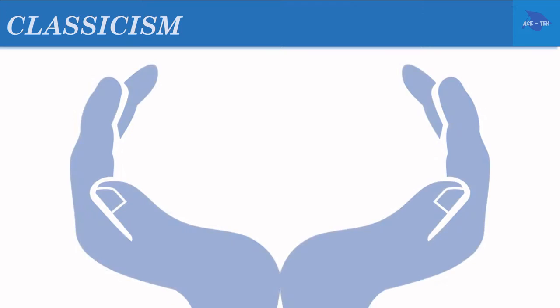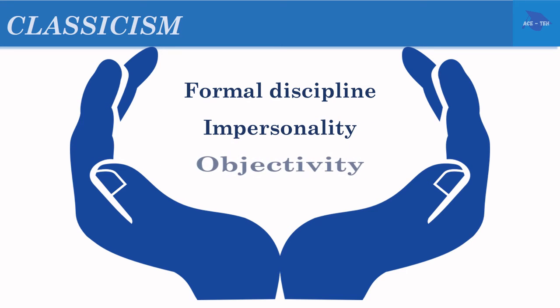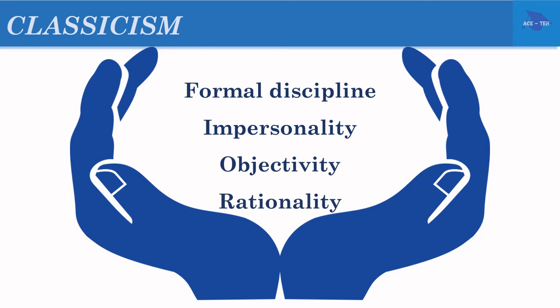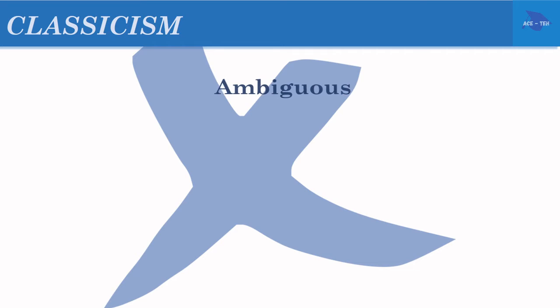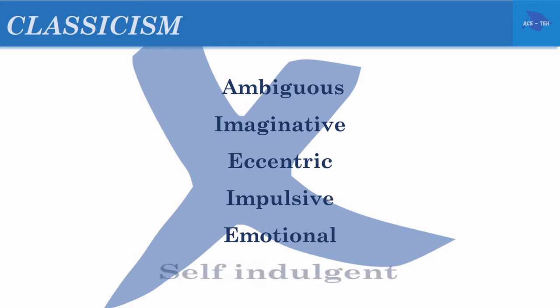Though there are no clear-cut definitions of the term, we can say that classicism upheld the virtues of formal discipline, impersonality, objectivity, rationality, and the shunning of the ambiguous, imaginative, eccentric, impulsive, emotional, and self-indulgent.